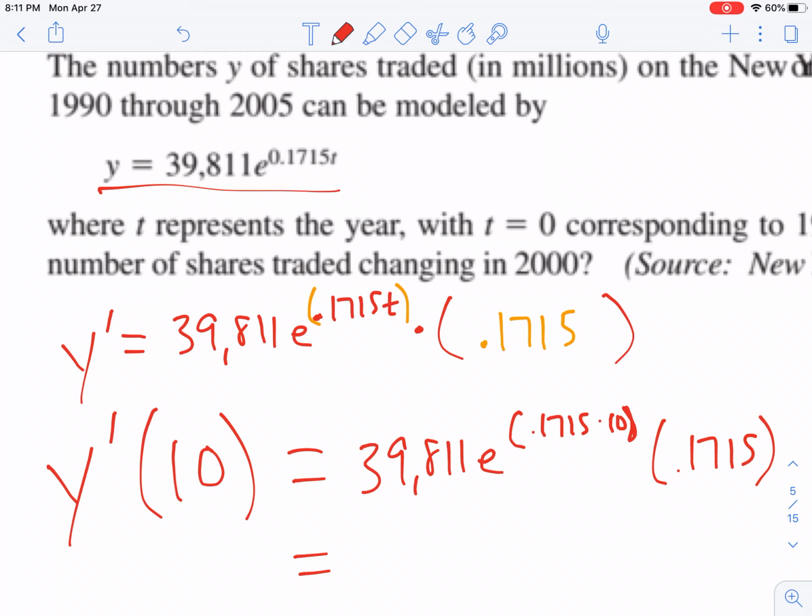39,811 times e to the 0.1715 times 10, times 0.1715. Comes out to 37,938.68.